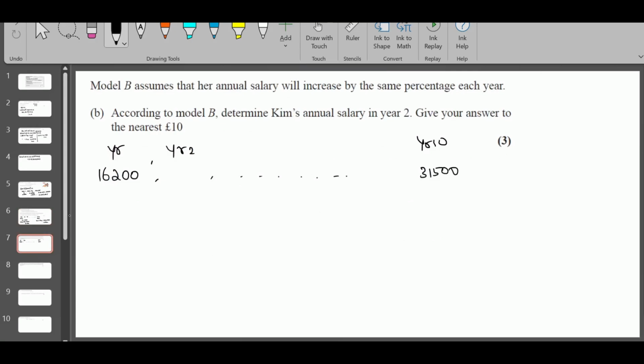Now it increases by the same percentage every year, so it's a geometric series. So 10th term is 31,500. The formula for nth term is a times r to the power 10 minus 1 is this. So we need to make r the subject.